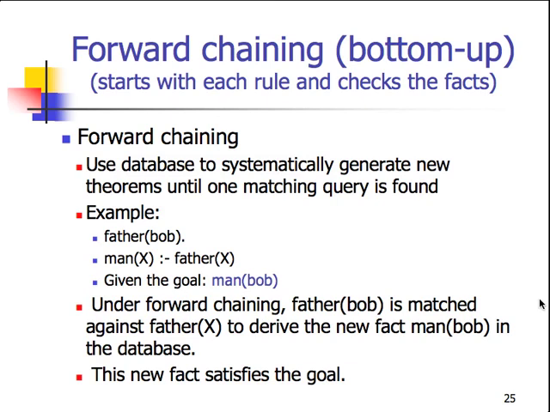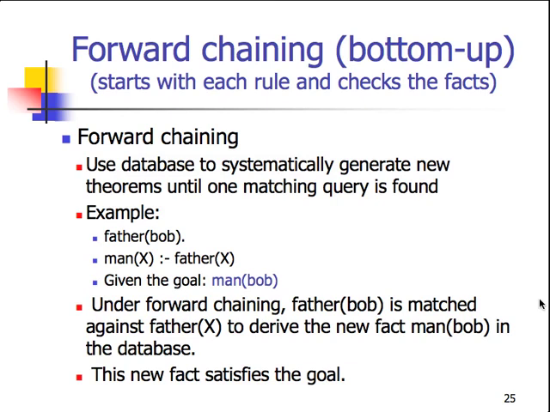So it starts with each one of the rules and checks the facts in a forward chaining, bottom up. So in forward chaining, we use the database to systematically generate new theorems until one matches the query that is found, and then we can run it. So we can say father Bob, man X, father X, given the goal, man Bob.